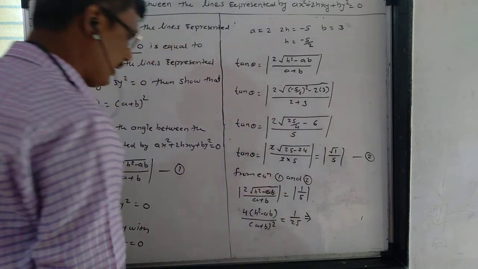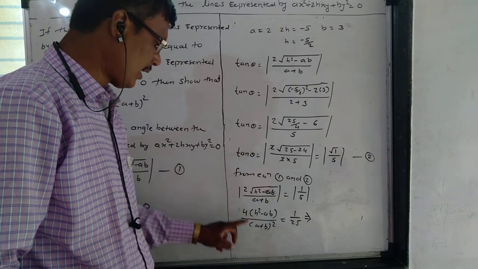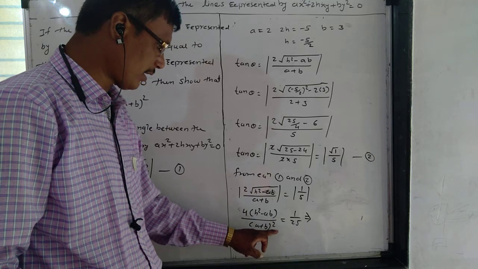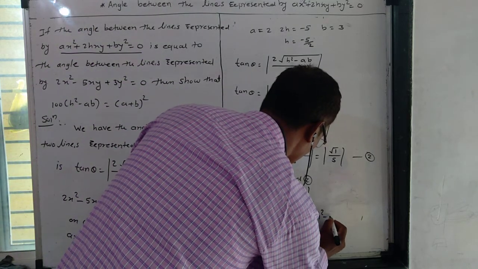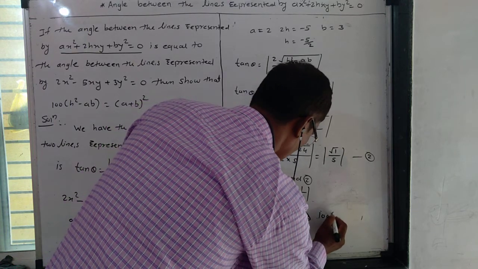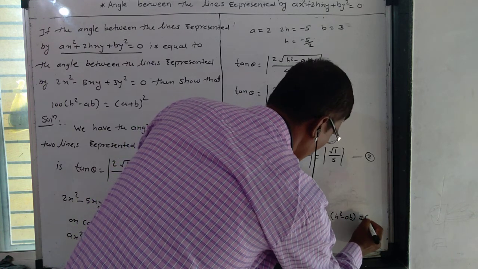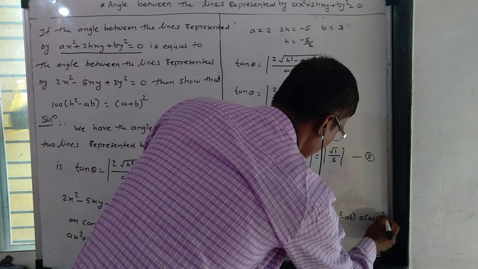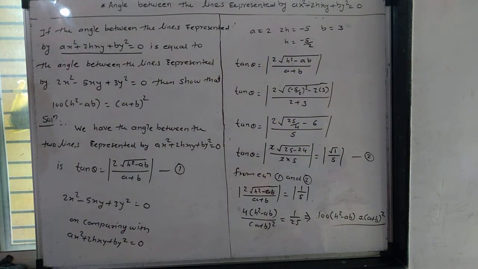This implies that the 25 on this side goes to the other side and multiplies, and the (a + b)² multiplies on the other side. Therefore 25 × 4 is 100, so 100(h² − ab) = (a + b)², and hence proved. So in this way we complete the chapter on pair of straight lines. So we stop here. Okay.